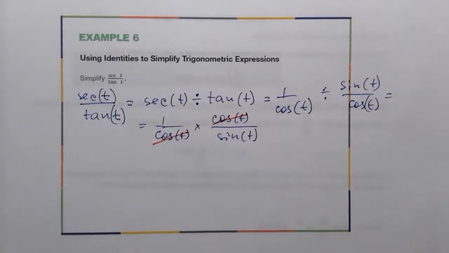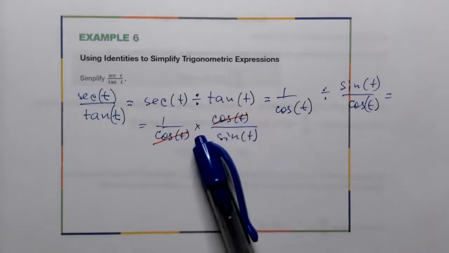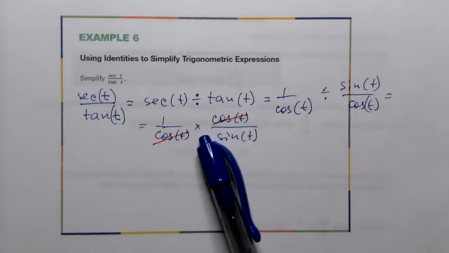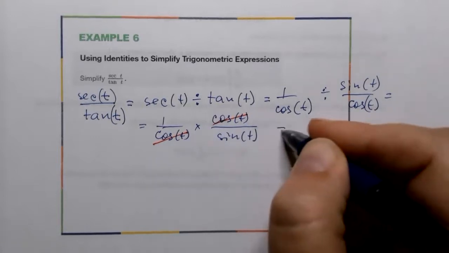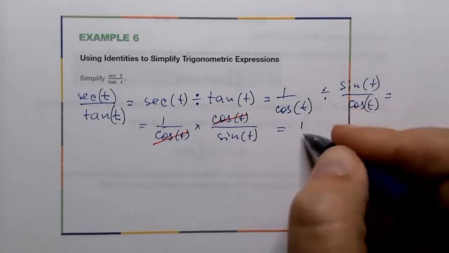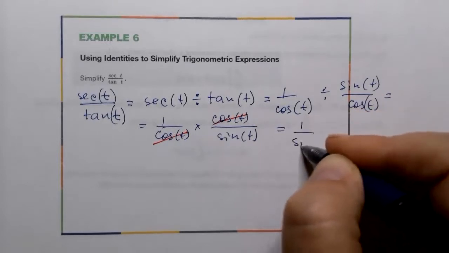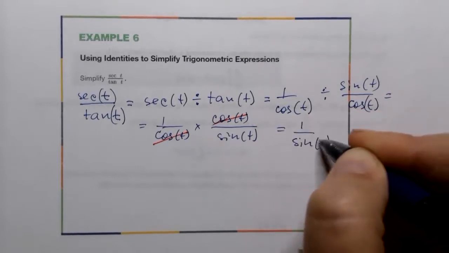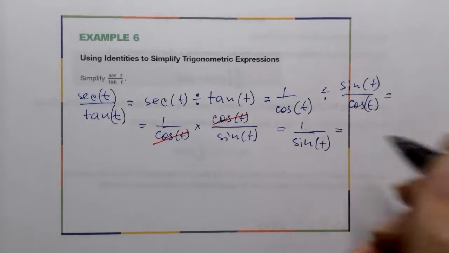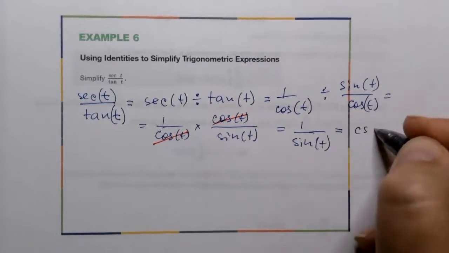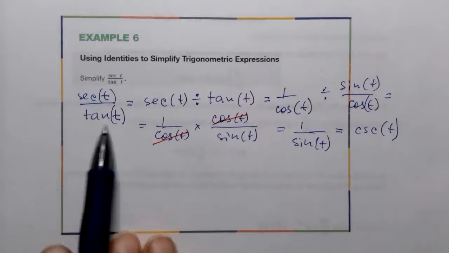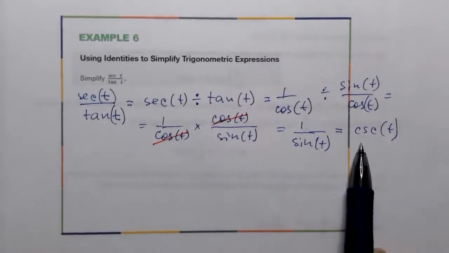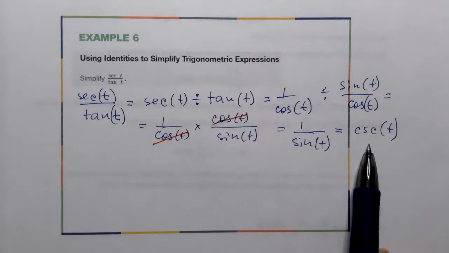I want to remind you that you can only cancel out over multiplication, not over addition or subtraction. So it works here. We have 1 over sine t left, and that's our definition of a cosecant function. So that's our simplification: secant t divided by tangent t is reduced to cosecant t.